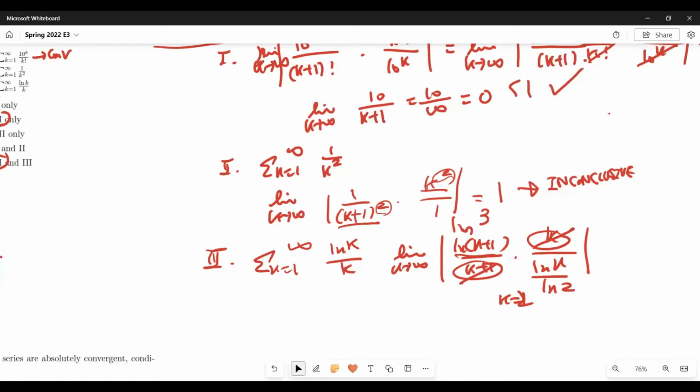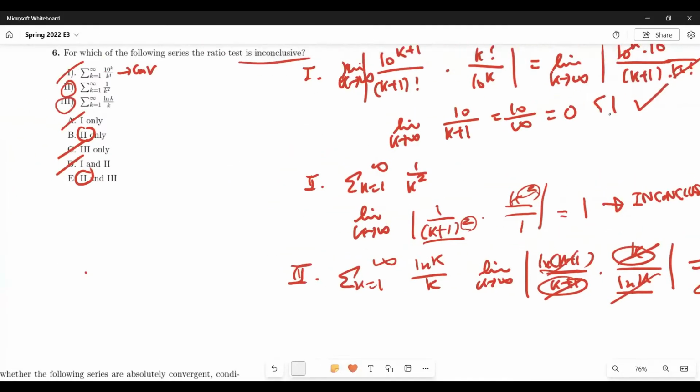So they are just constant terms, so they have the same power. That means this is just going to be converging to 1, and if it converges to 1, the ratio test says it's inconclusive. So this 3 is also inconclusive. So the answer is E.